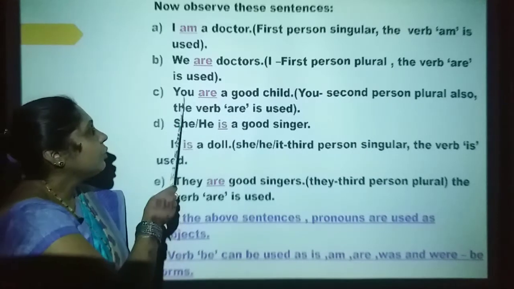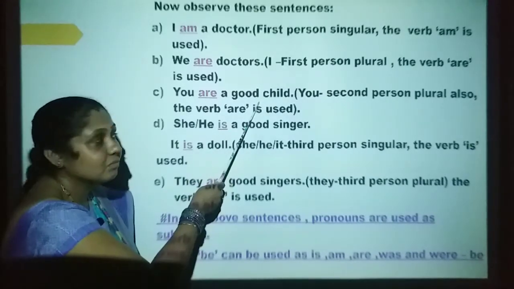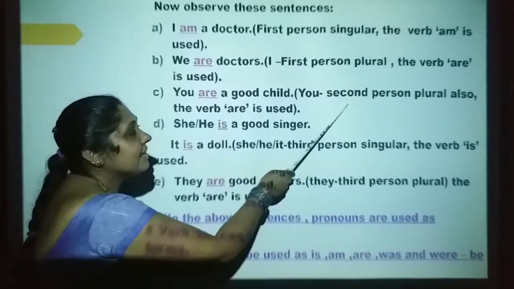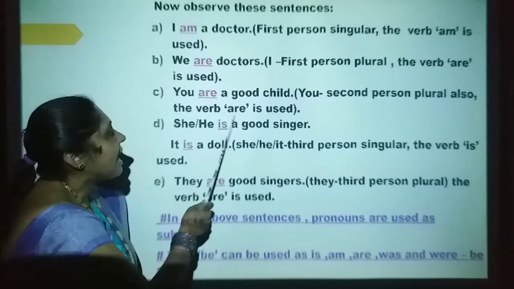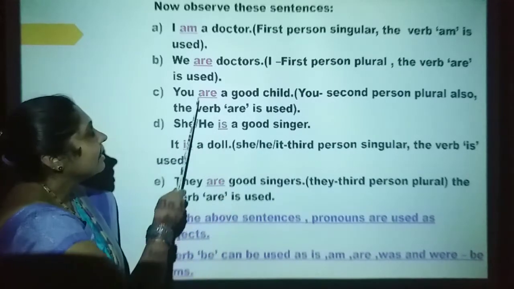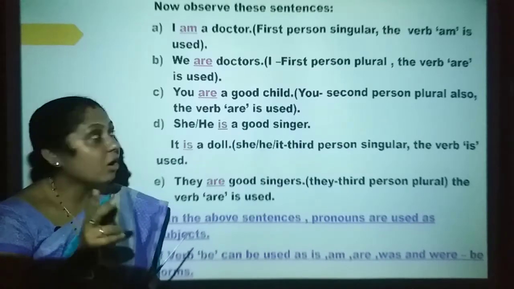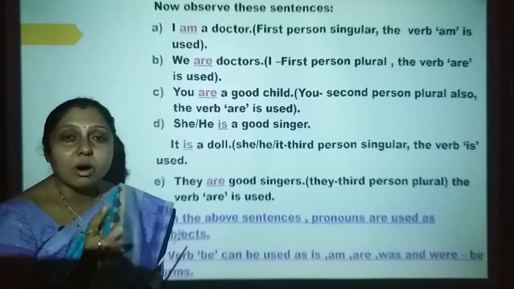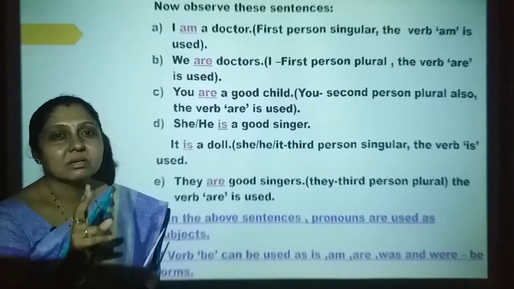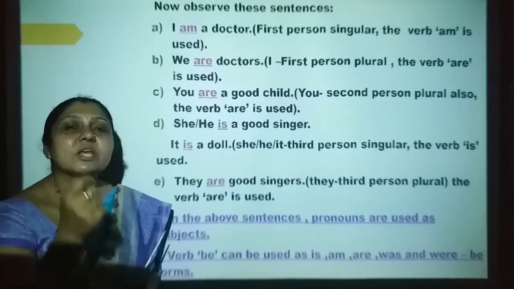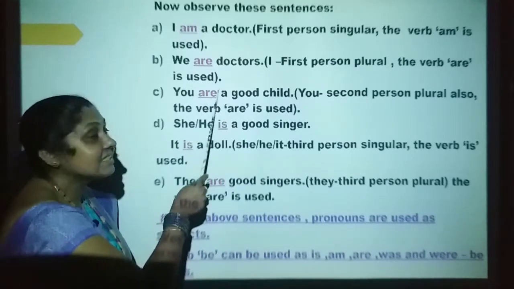Next one. You are a good child. You, second person, singular and plural also. The verb are is used. So here, when it comes to you, there is no change for the plural or the singular. You use you itself for singular or plural, and the verb also is the same.